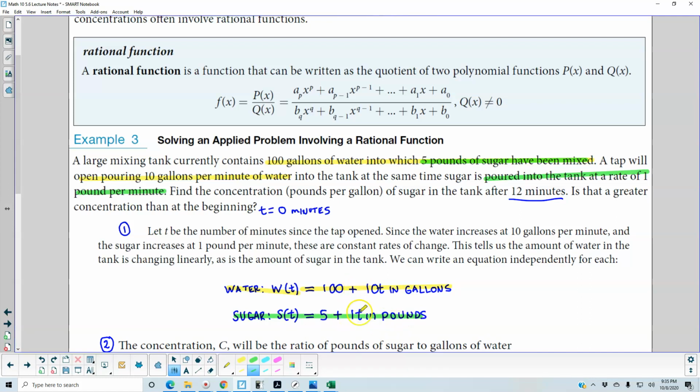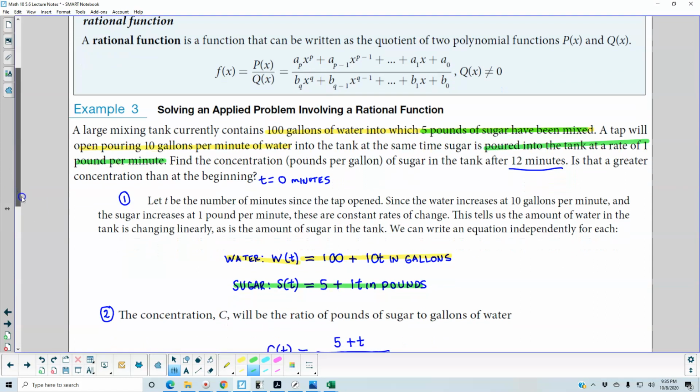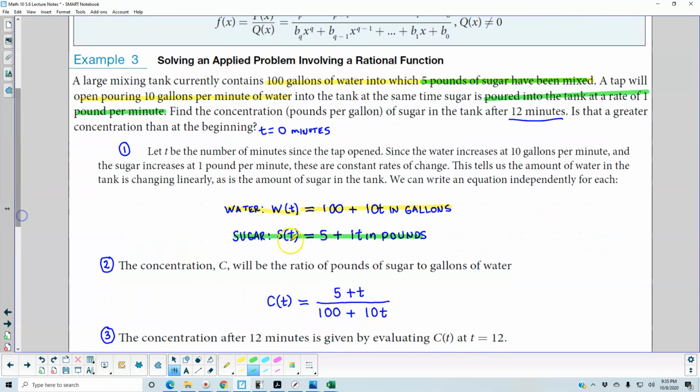So now we have our two equations. Now the concentration C will be the ratio of pounds of sugar to gallons of water. So C of t is going to equal 5 plus t, which is our equation for sugar, divided by the equation for water, which is 100 plus 10t.